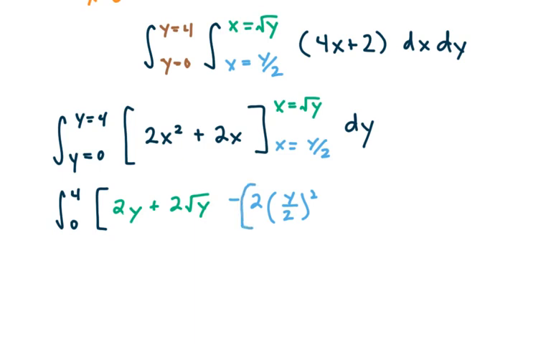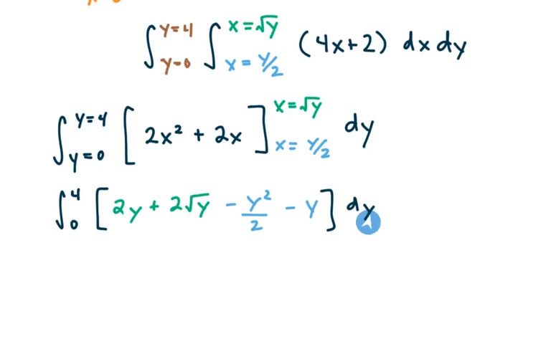And of course, we're subtracting all of this, so I've got plus 2 times y over 2. Distributing that negative, this will be minus y. Now all my variables in the integrand are y.